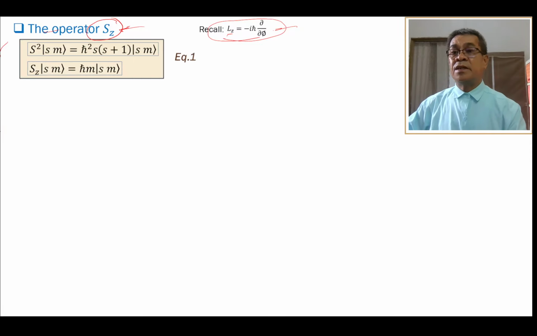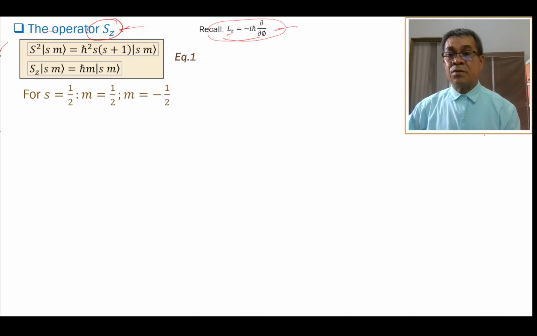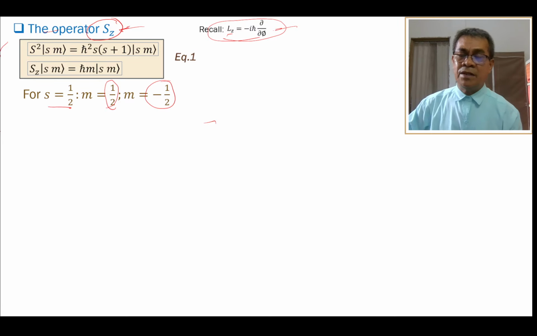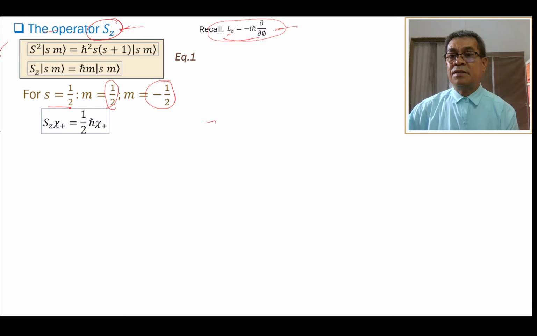So we start again with equation one. For S equal to one half, take note, we have two values of m. We have one half and negative one half, so we have only two values of that. Then substitute that here. Previously, we worked on S squared, but this time we will work on this.